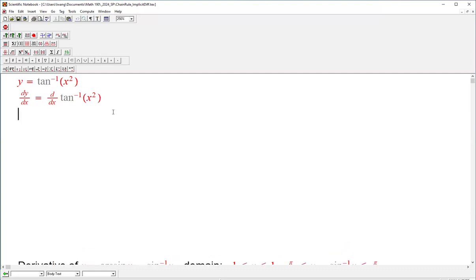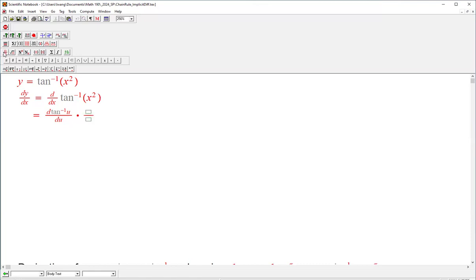And applying the chain rule, we're going to have the derivative with respect to u, right? So we have arctangent u. And of course, obviously, u is x squared.